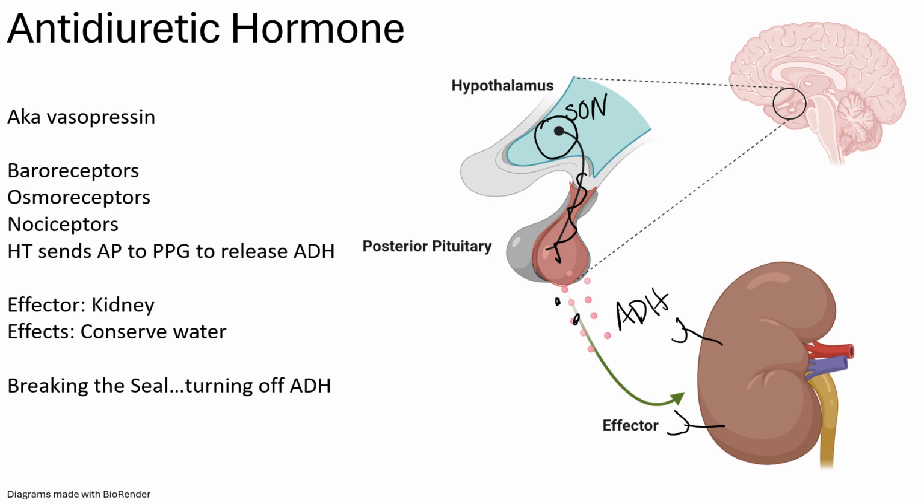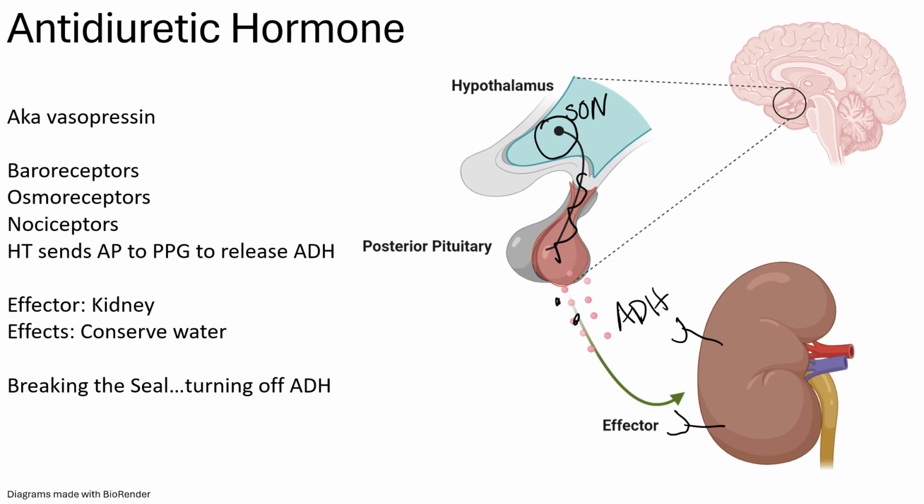Because ADH increases blood pressure, and because it decreases diuresis, excessive urination, ADH is also associated with the phenomenon known as breaking the seal. For example, after consuming alcohol, which is a diuretic that shuts off ADH, you might hear someone say, oh, don't go to the bathroom, don't break the seal, because once you do, you'll be urinating all night.